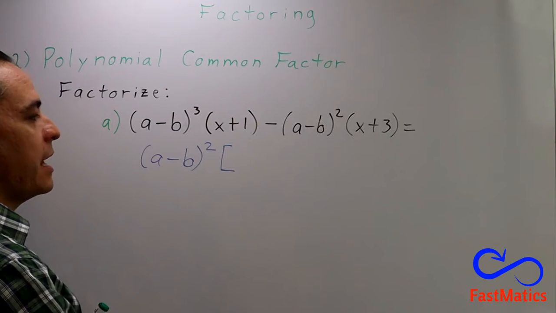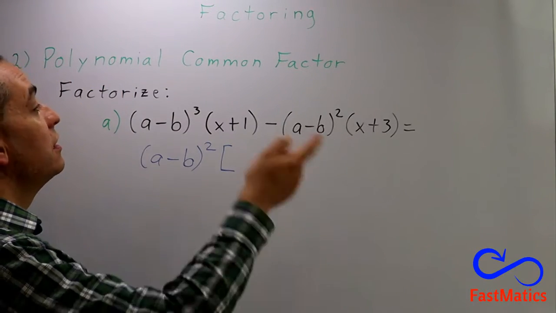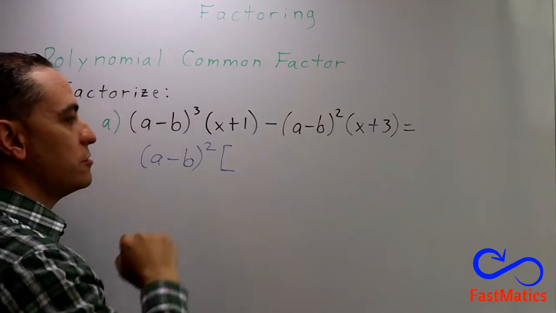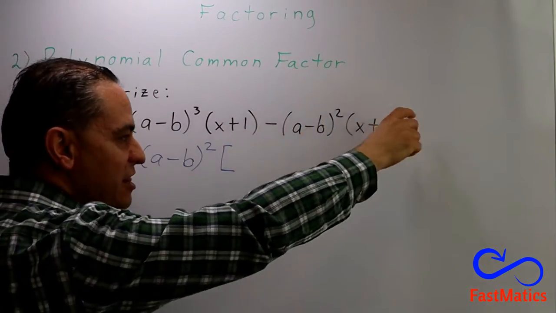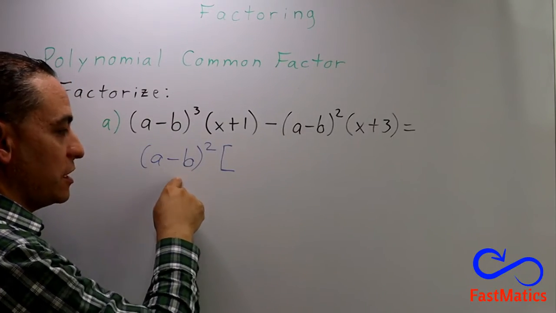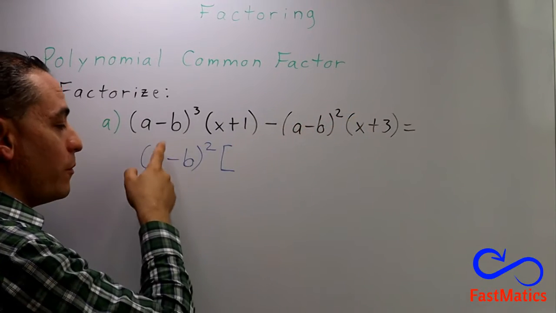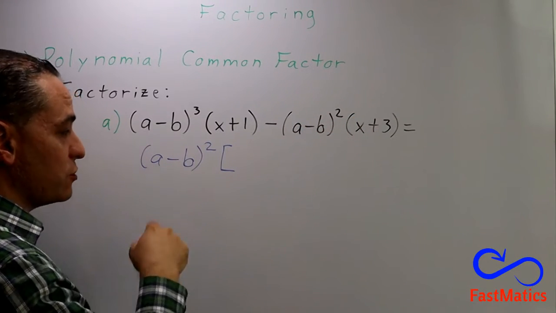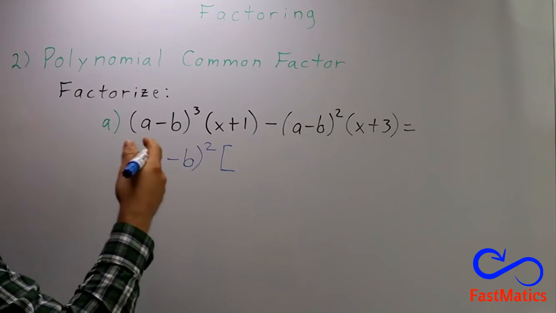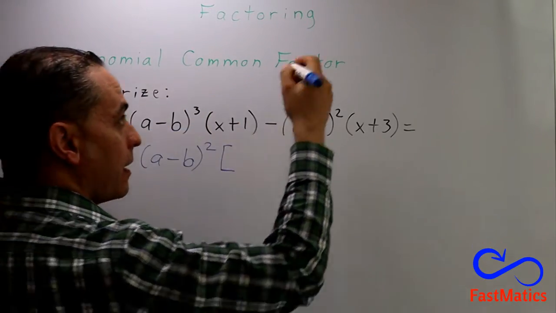You are going to see. The rules are the same as those for the monomial common factor. We are going to divide the polynomial by the common factor: the first term by the common factor and the second term divided by the common factor. If you can't do that in your mind, you are going to write it.